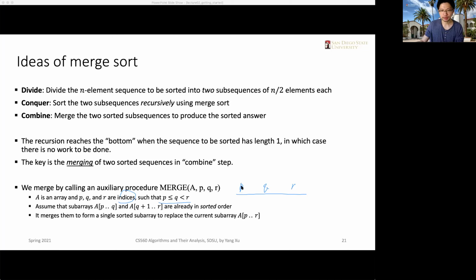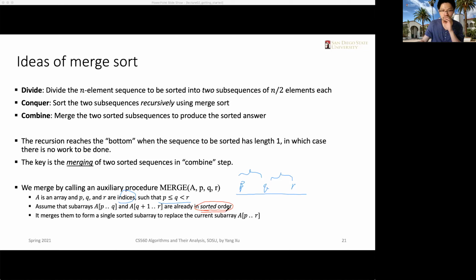These 3 indices define 2 subsequences, from P to Q and from Q plus 1 to R. These correspond to the 2 subsequences that are already in sorted order. This condition is also important.